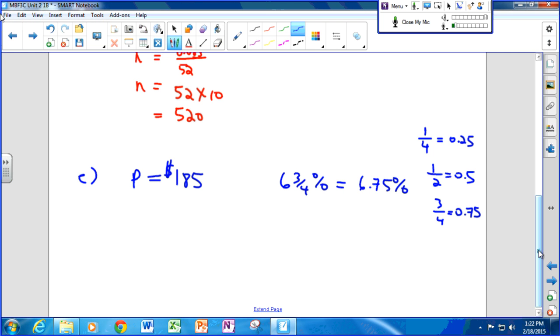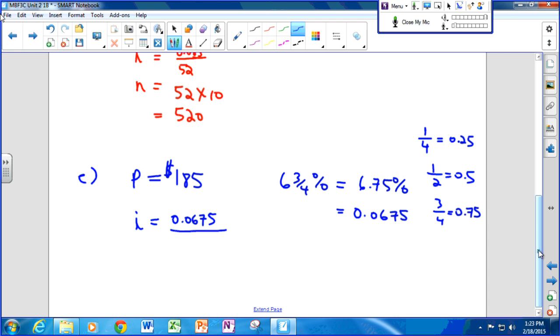Now we also have to turn this into a decimal number. Okay, so now we're ready to use it. And remember that our I is the interest rate in decimal divided by the number of compounding periods per year. It says compounded quarterly.